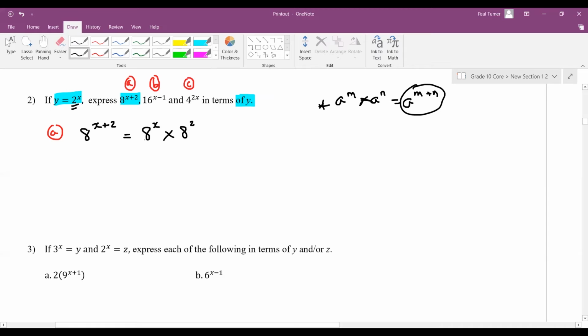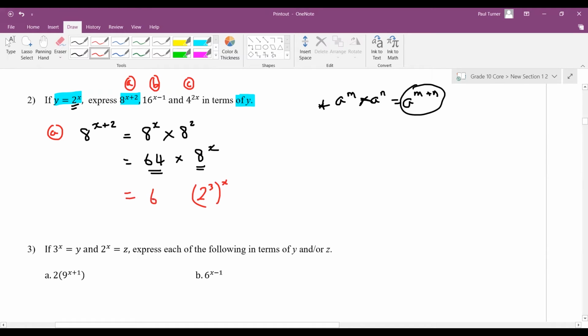Here we have 8^x, so I want to change this to base 2 if I can. This is done, this is 64. Leave that alone. So we write 64 times 8^x. That's your coefficient in front. But 8^x should be changed to be 2 to the power x. So 8 is 2 cubed, to the x.